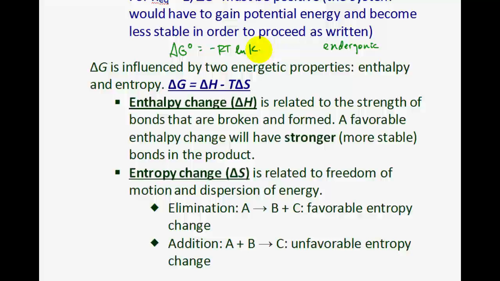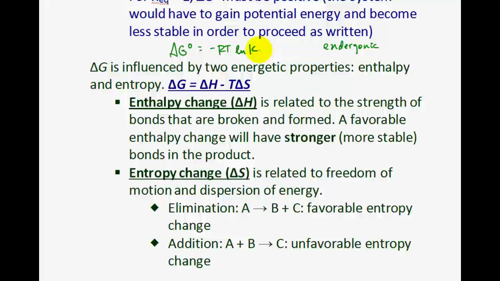But that's not all. There's also entropy change. And it's really pretty simple to look at entropy change in organic reactions. Just think of it as freedom of motion. Think of it as dispersion of energy. We've really tried in recent years to get away from this disorder and randomness definition, although it's pretty harmless to think about that in organic chemistry if you want to.